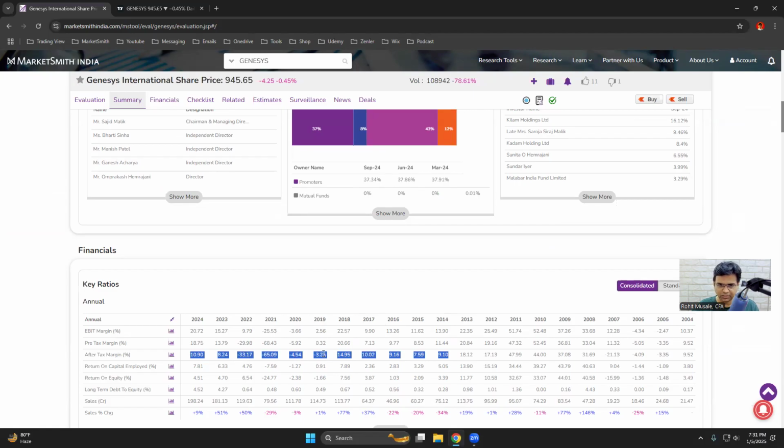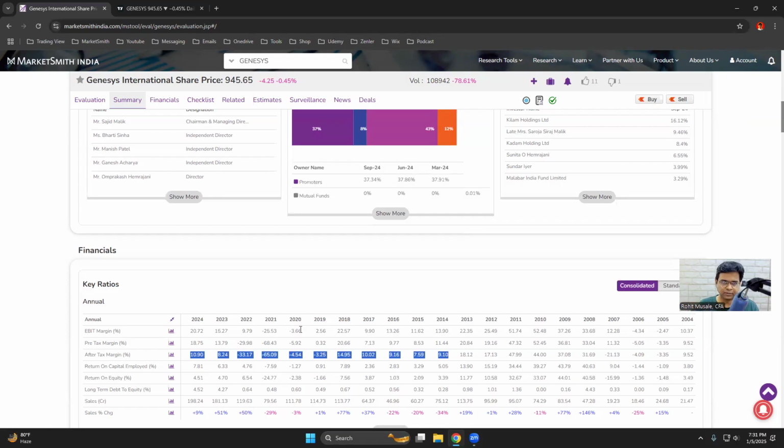In the past 6 years, the stock has been reporting a loss for 4 years. So 4 out of 6 years were in losses, but then it again came back to profitability. So maybe this is a turnaround kind of situation. Before those losses, there was some margin. So this margin is not at an all-time high. So fundamentally, there is a problem with margin and there is a problem with return on equity.